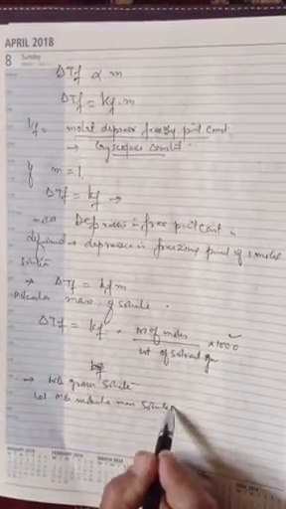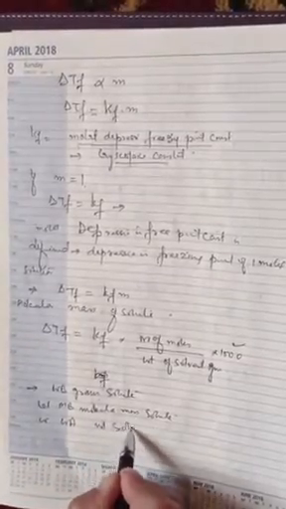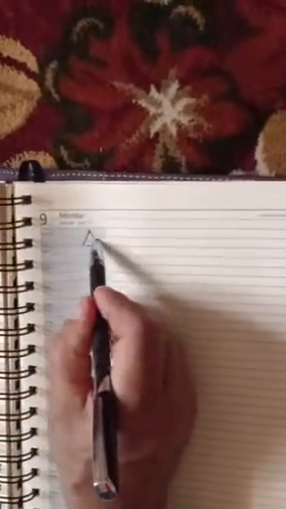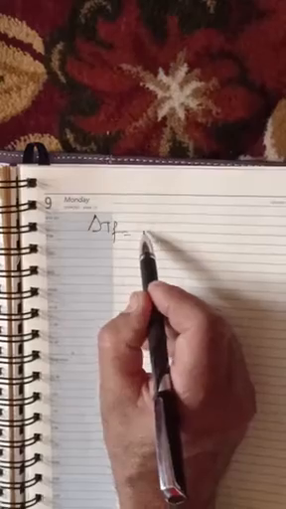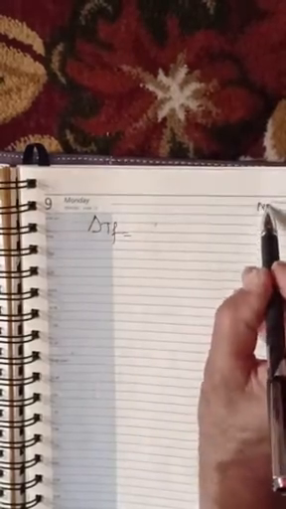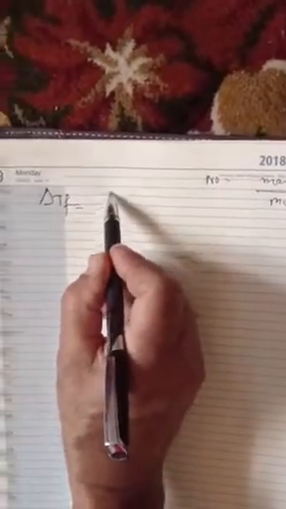Therefore, molal depression freezing point constant is defined as the depression in freezing point of a 1 molal solution.